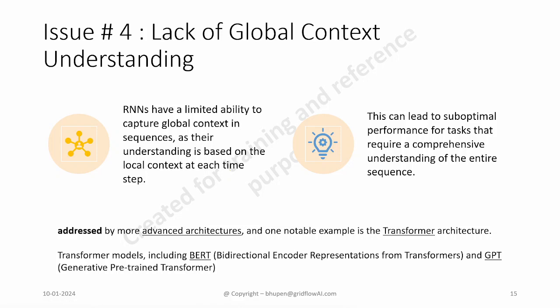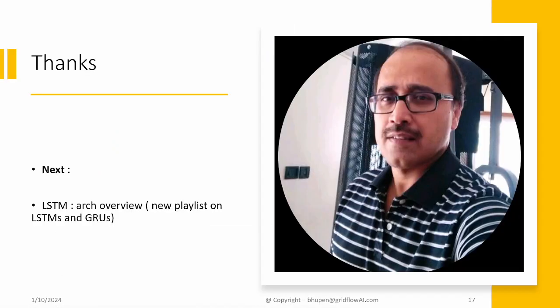So these are the three or four issues that we have in sequence data processing, and we'll see how these are addressed, at least partially, or in some cases maybe 100%, in the architectures that I'll be covering in the next series of videos, LSTM and GRUs.